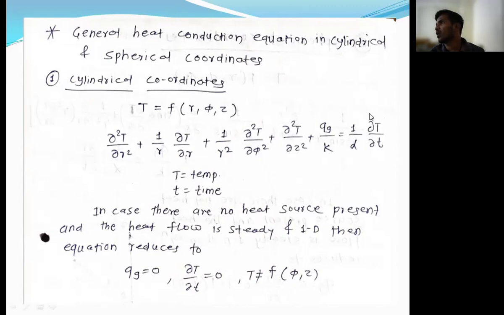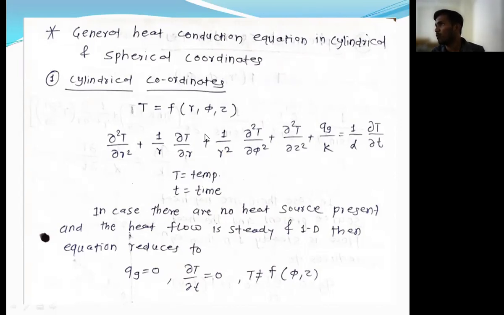Whatever equation we got for the Cartesian coordinate system, in that manner we derive the equation for the cylindrical coordinate system, and this is the final general heat conduction equation in cylindrical coordinates. All of you write down this equation. For the cylindrical coordinate system, temperature is a function of R, phi, and Z.